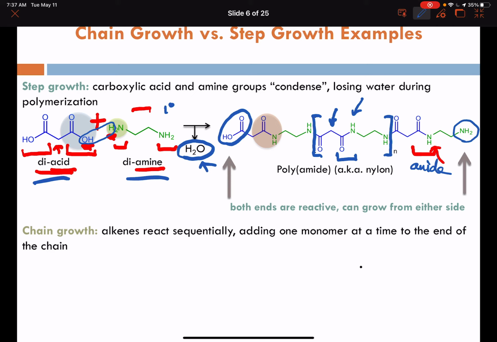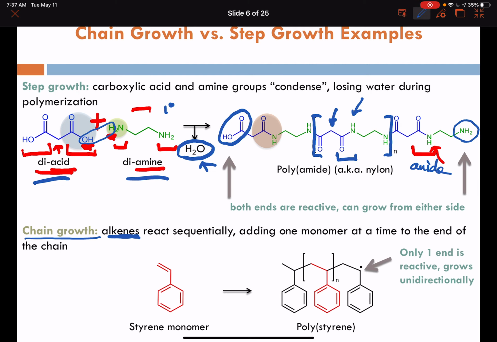Now, to contrast that to chain growth polymerization, this is where we see a lot of hydrocarbon type molecules. We're going to see alkenes as a dominant feature there for polymerization, and these are going to react sequentially. Okay, so we're going to see these monomers add one by one in a one-dimensional linear fashion rather than adding at both ends of the chain.